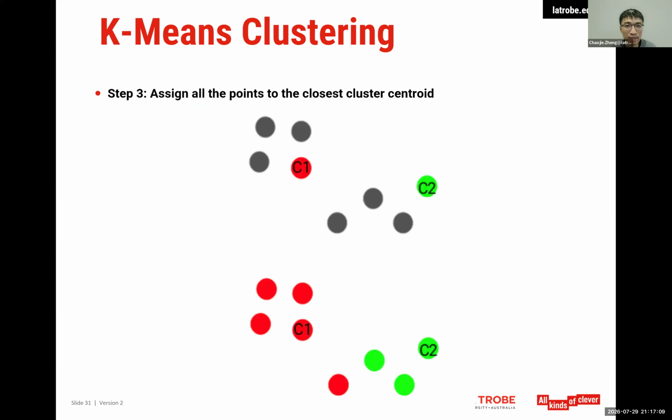Then in the next step, we assign all the data points to the closest cluster centroid. That means, for this point, I need to calculate the distance from this point to centroid C1, and also calculate the distance between the point and C2. And also for other data points, we need to calculate this distance.